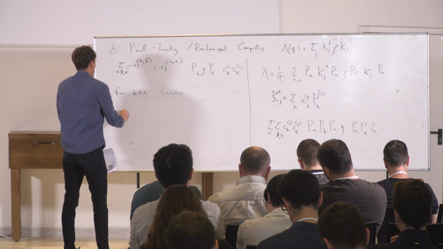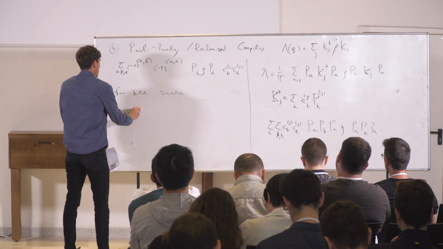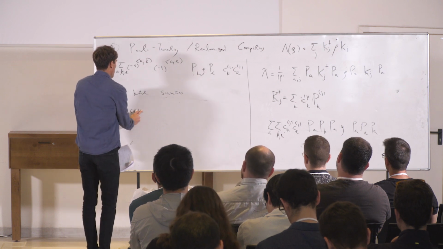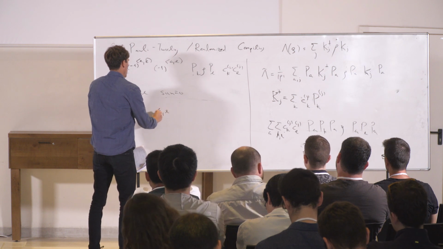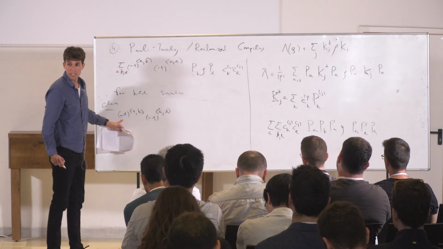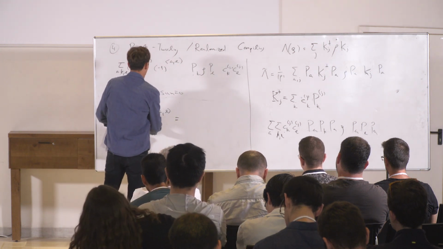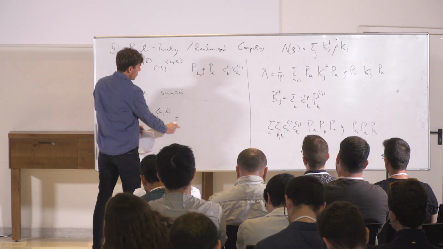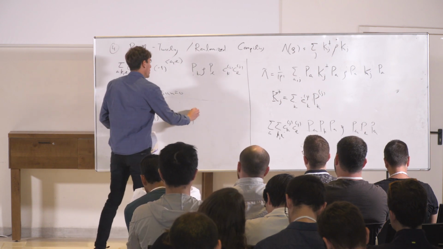So I claim the following. This function from the Walsh-Hadamard transform has the following nice property. If I multiply, what is it going to be equal to? Exactly.